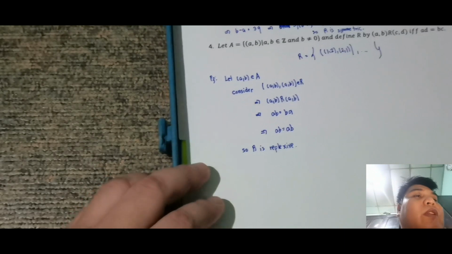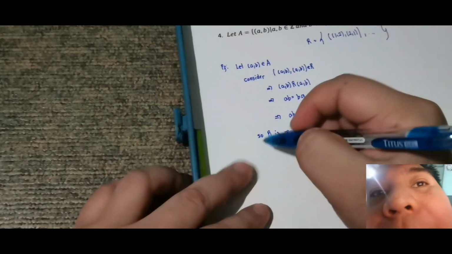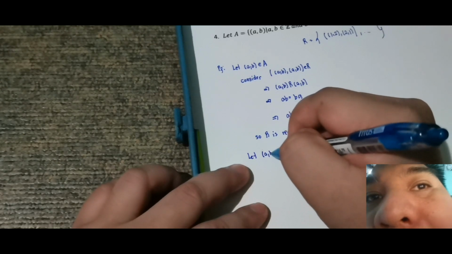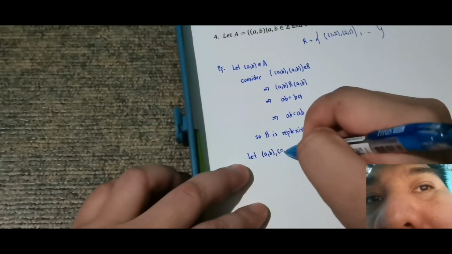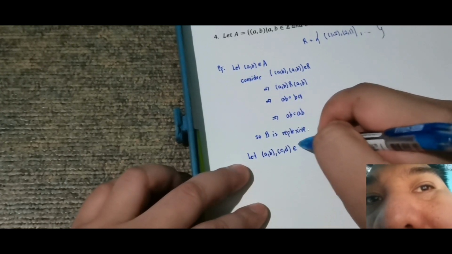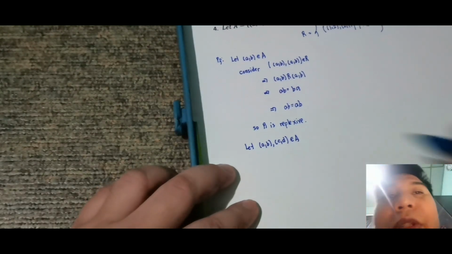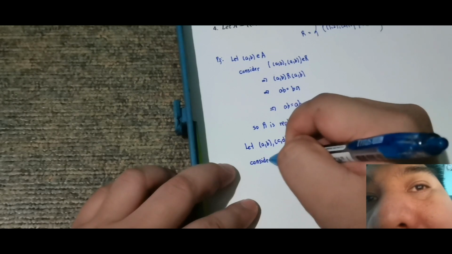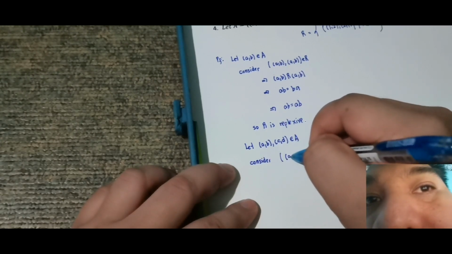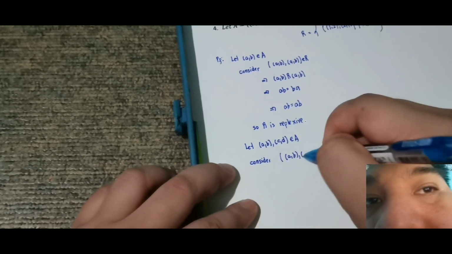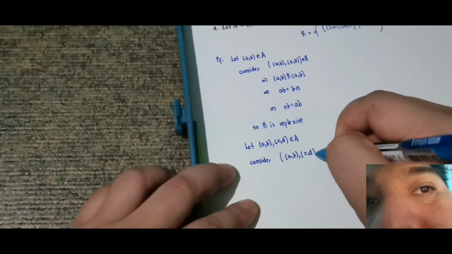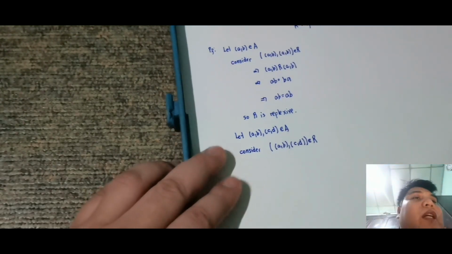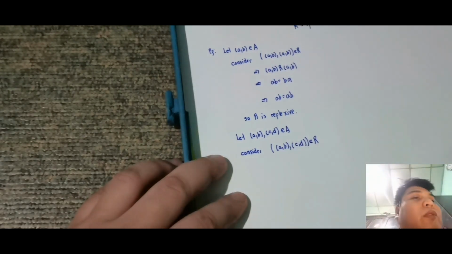Okay, next is, we need to show na siya symmetric. So, let (a, b), tapos (c, d). Ito na yung pangalawang element niya. Element nung A natin. So, consider natin una si (a, b), (c, d) element of R. So, ang goal natin mapagpalit, (c, d) related to (a, b).